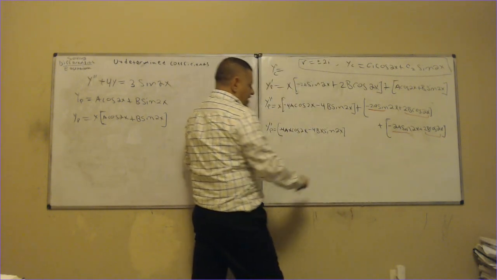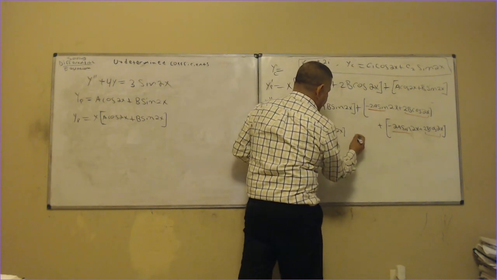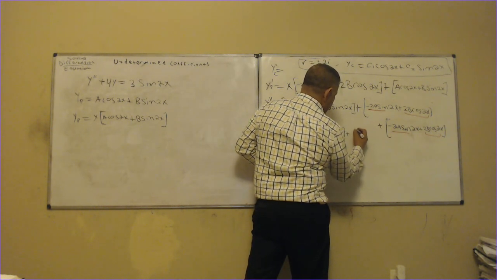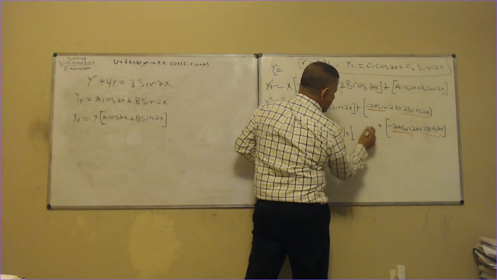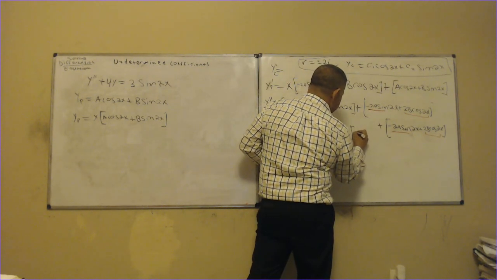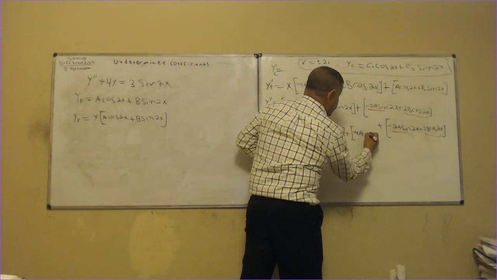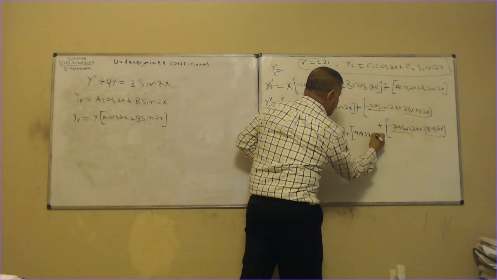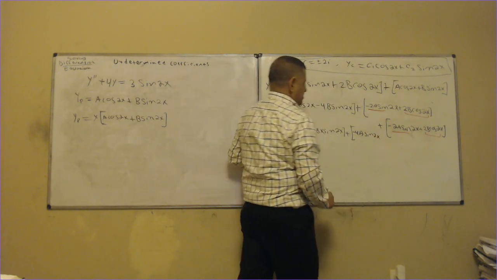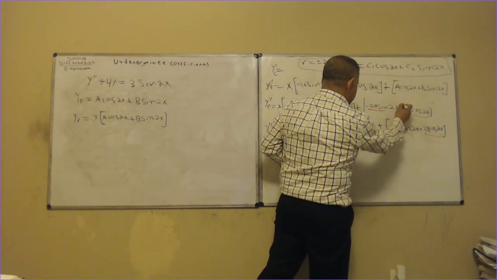Now, if I combine these two, combining this guy and that guy, then I can say plus negative 4 for a, sine of 2x, plus, okay, so I am done with this.